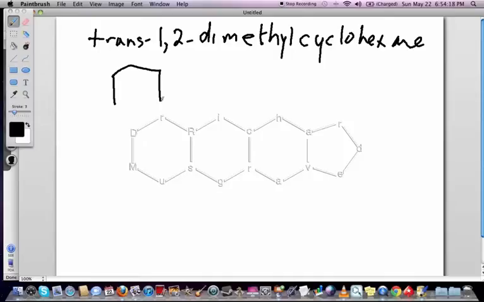And again, if I drew this regularly, I would put one methyl group down and then draw one up like that, to try and say that one methyl group was pointing below the ring and one was pointing above the ring.